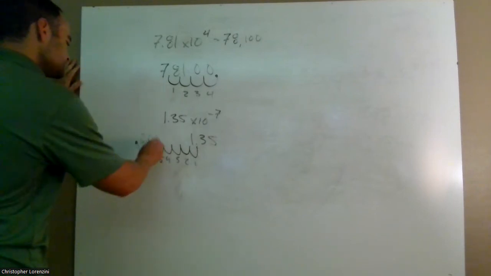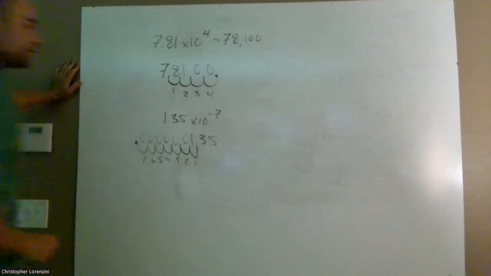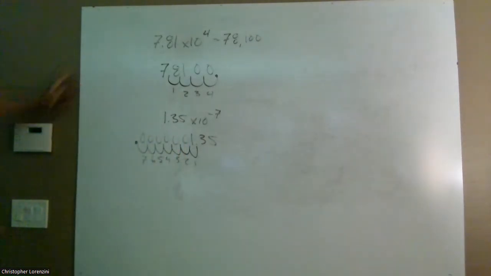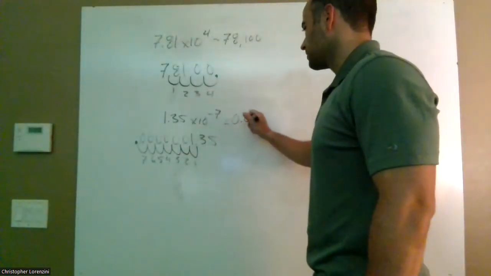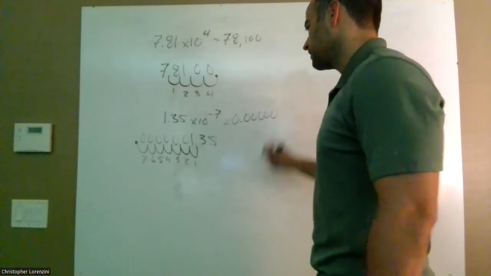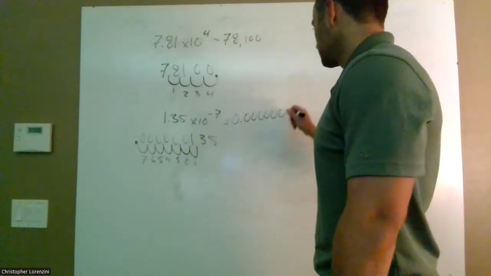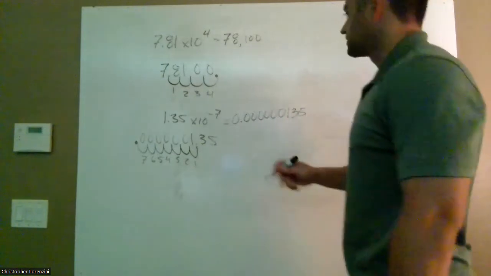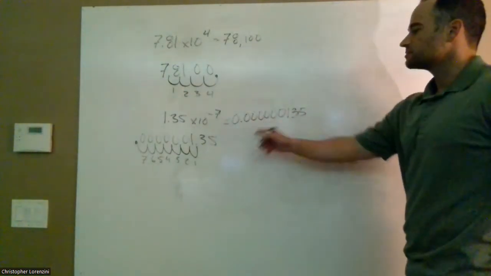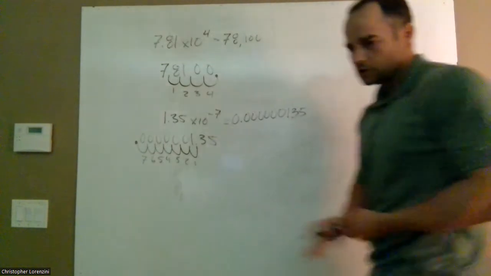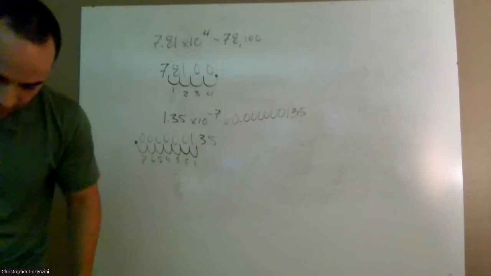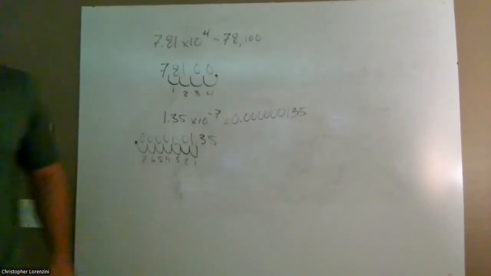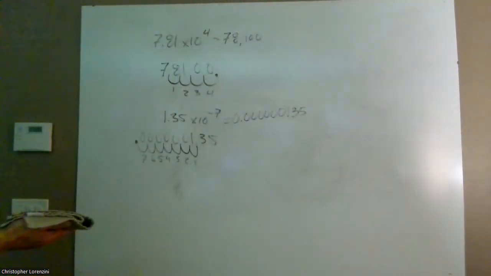All those little gaps, I fill in with 0. So this number is equivalent to 0.0000135. So that's how we go about doing problems like this, working forward and working backwards.